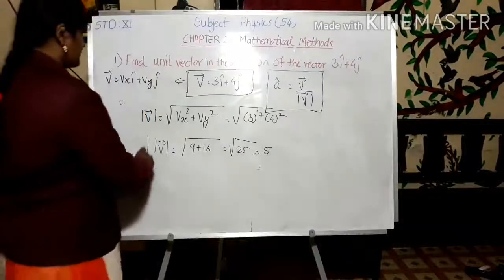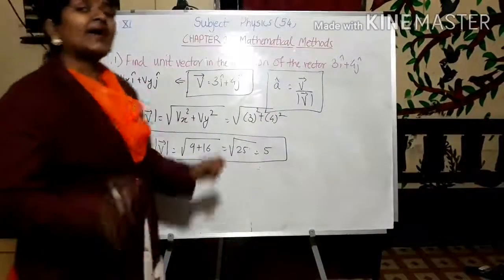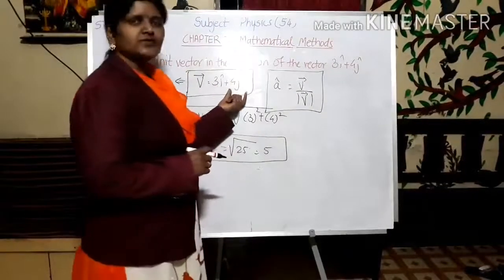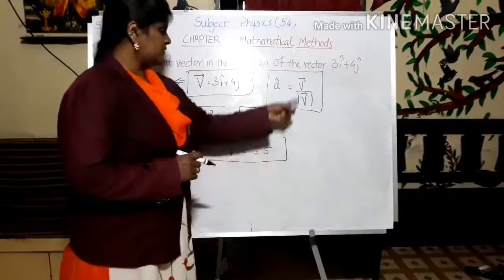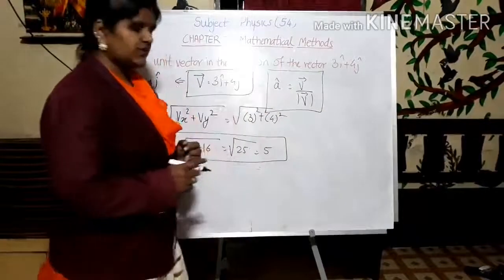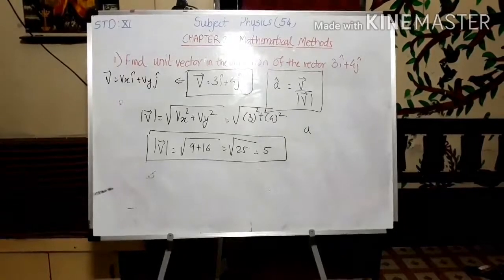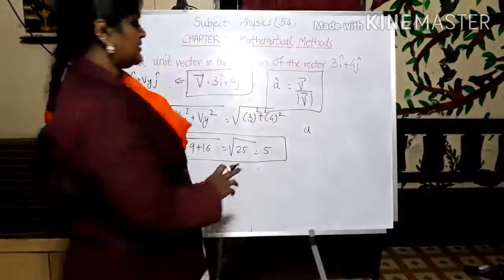Right? So we got the value for the mod of v, which is the magnitude of v. This is in terms of direction, and we got the value for this as 5. Now we can find out the unit vector. We put the values of v bar and mod of v bar inside this.